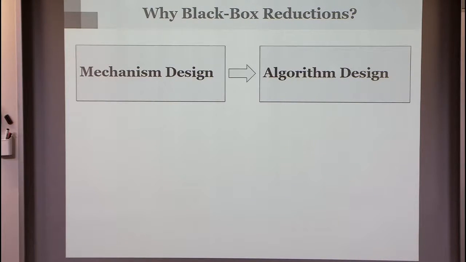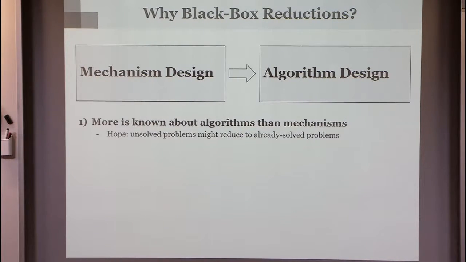So why would you like such a black box reduction between mechanism and algorithm design? Well, first of all, more is known, at least in the TCS community, about algorithms than mechanisms. So you would hope that some unsolved mechanism design problems would map to algorithmic problems that have already been solved.